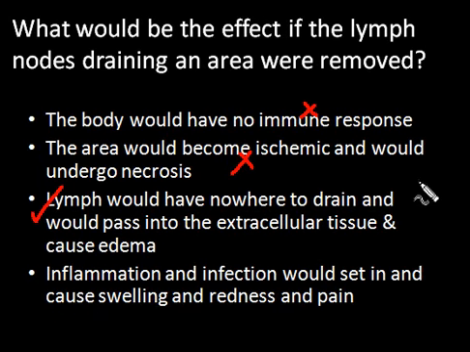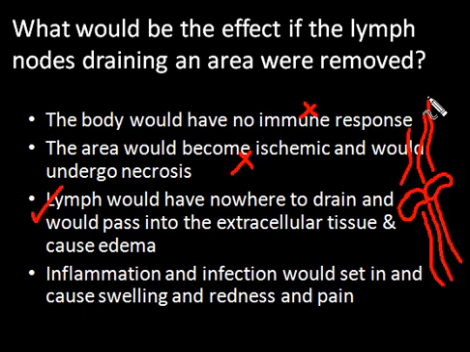So imagine you have a particular area, you have lymph vessels which go and they drain into lymph nodes in that area. From this, then again, lymph passes up and goes further upwards. Now you'd remove this. So what will happen? The lymph has nowhere to go, because these lymph nodes are removed. Like a toll gate in the middle has been removed. So lymph naturally will collect in these lymphatic vessels, which will get engorged.